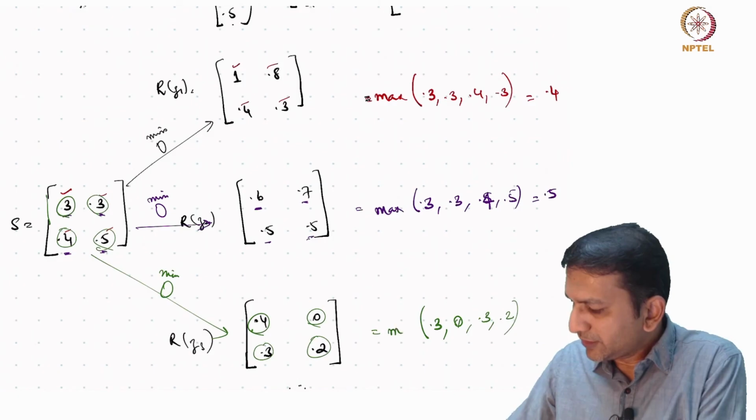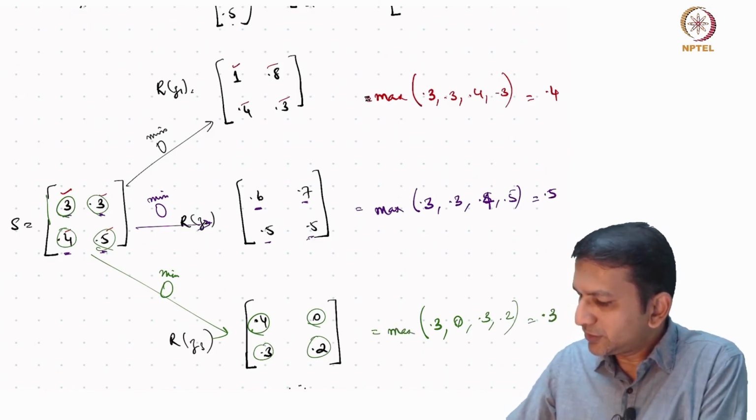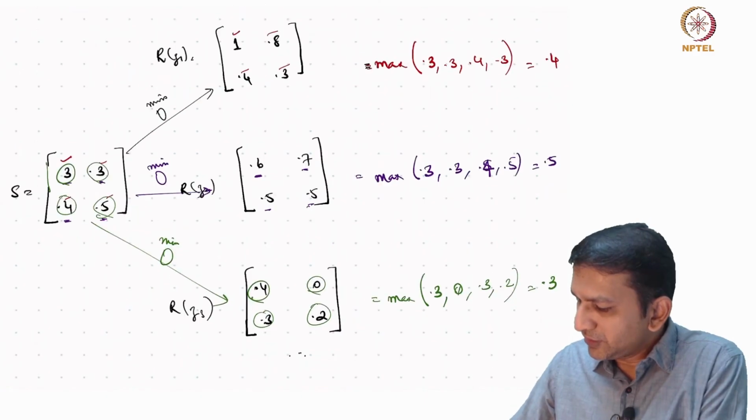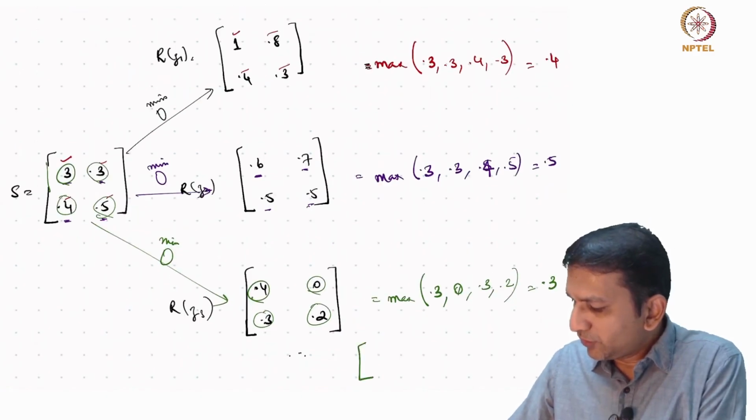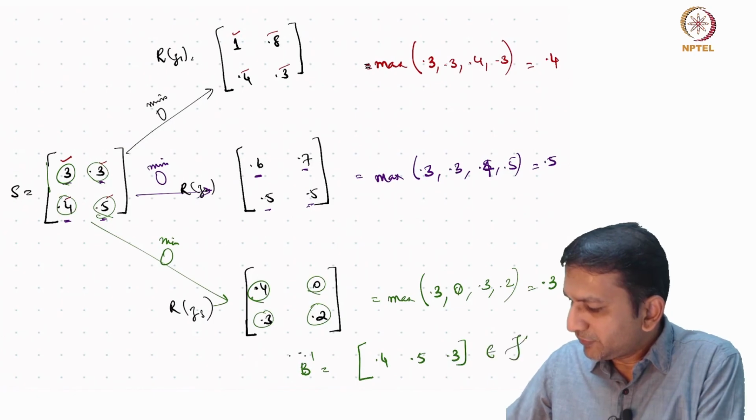And we need to take the maximum of them, and what we get is 0.3. So essentially, finally, the overall output B dash that we get is 0.4, 0.5 and 0.3, which is an element of F of Z.